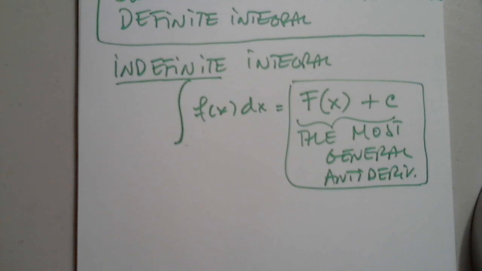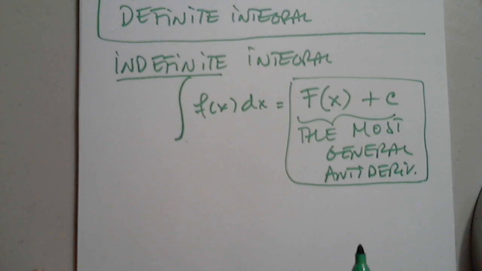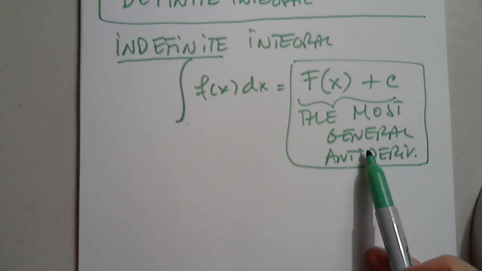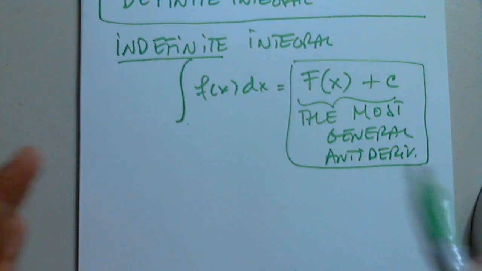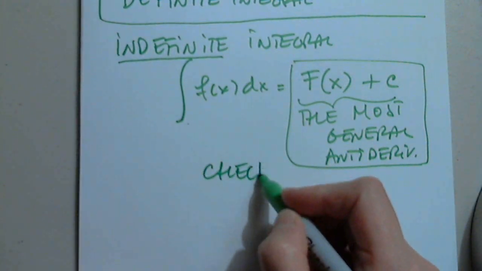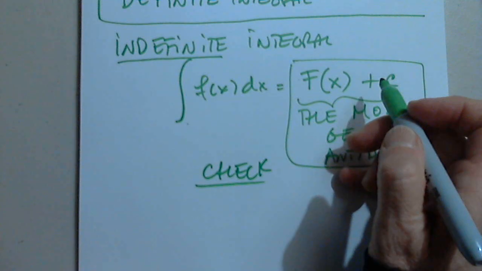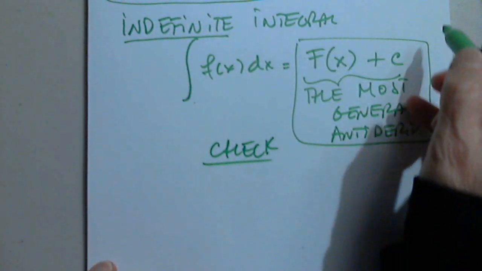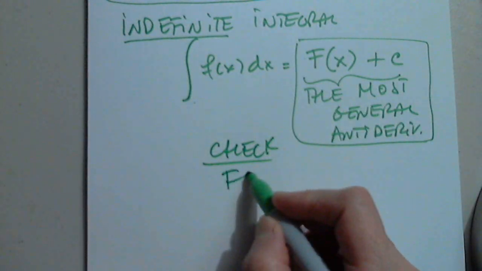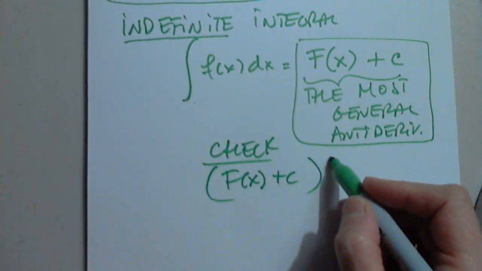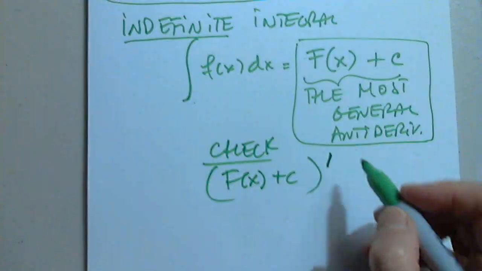Okay, so here we can always check. We discussed that. How do I check this answer? I differentiate the left-hand side and I differentiate the right-hand side. In other words, the derivative of uppercase F of x plus C has to give us this function.